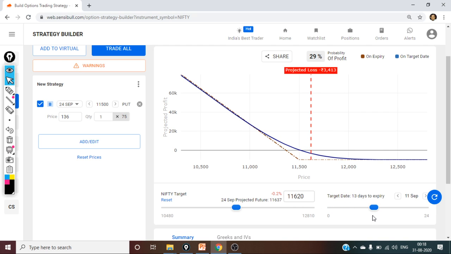You can see each and every day you are going to lose money. Your maximum loss is 10,200 and you will experience it in the next 24 days. As you can see, there are 24 days remaining to expire, so you are going to lose money each and every day.